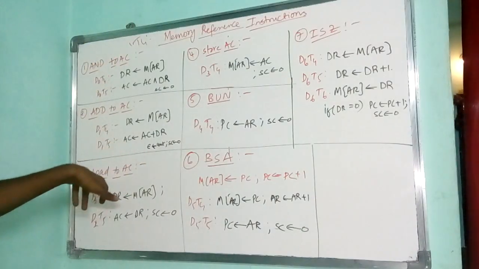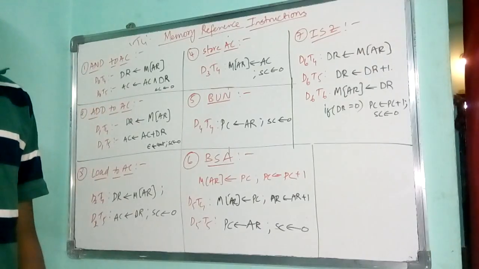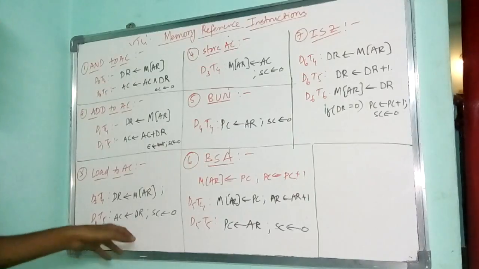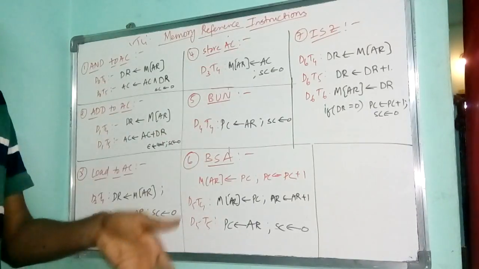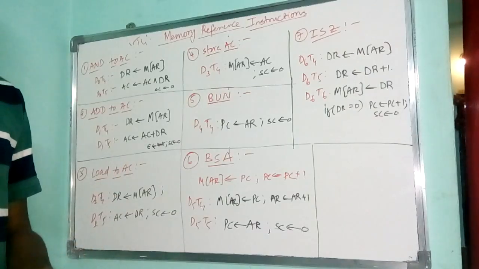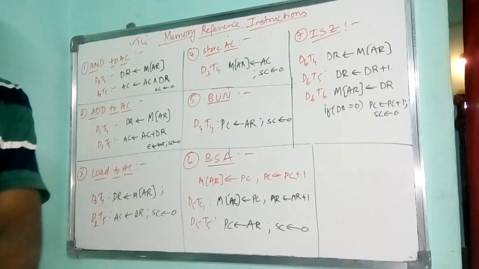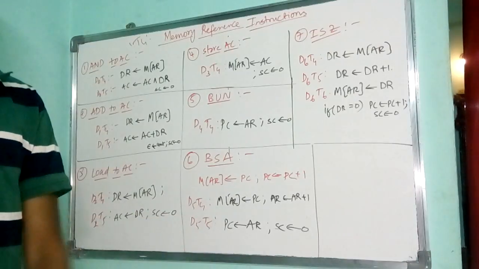Okay. Now load to AC. This loads the memory content directly into the accumulator register. Why do we need to do this? As we see on the bus, there is no direct connection between the accumulator and the bus, so we need to go through an indirect path.